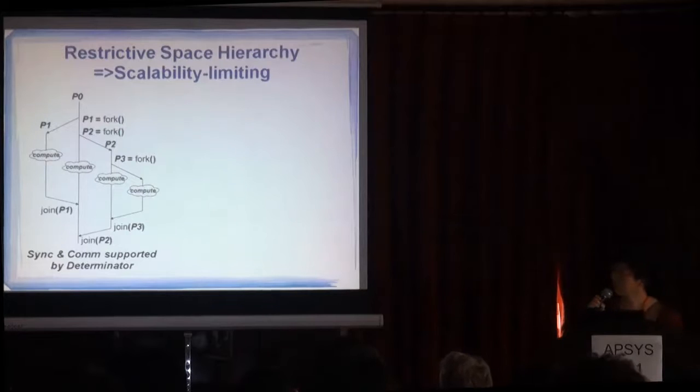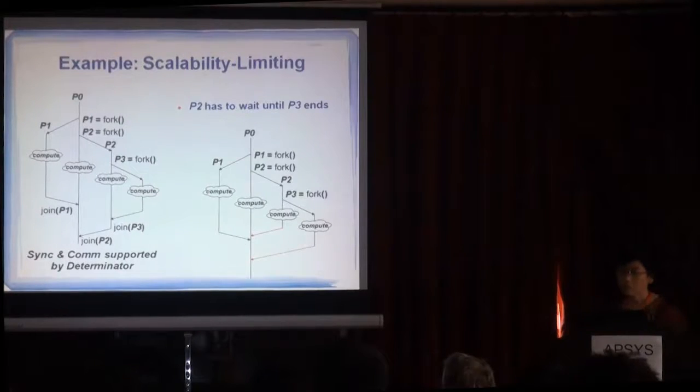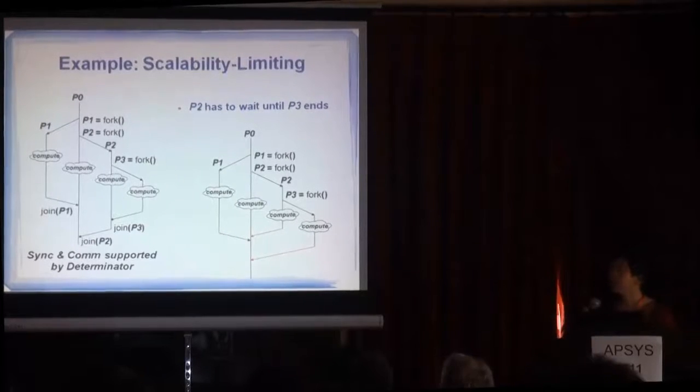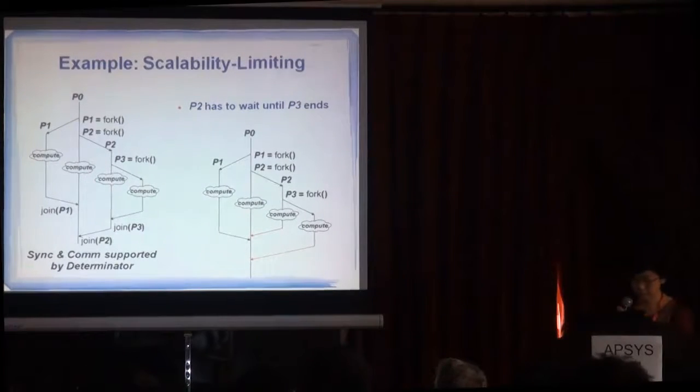From this graph, we can see P0 forks two processes, and P2 forks another process, P3. In the original Determinator, P2 has to wait until P3 ends, because the original Determinator can only support inter-process communication between parent and child.